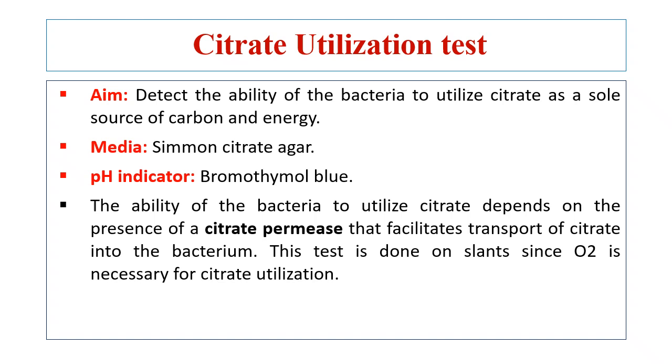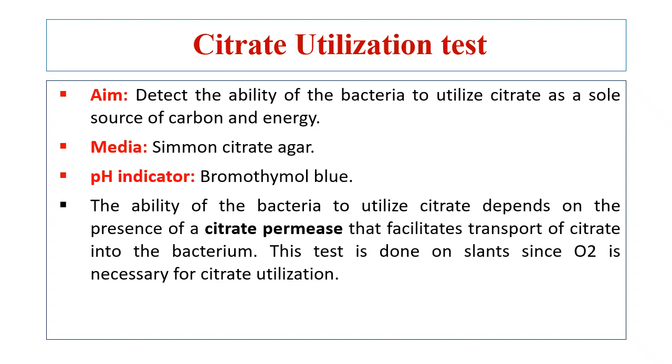Now we will move to the citrate test. This test is used to detect the ability of bacteria to use citrate as the only source of carbon and energy. Bacteria that have the enzyme citrate permease can transport citrate into the cell and use it for growth.